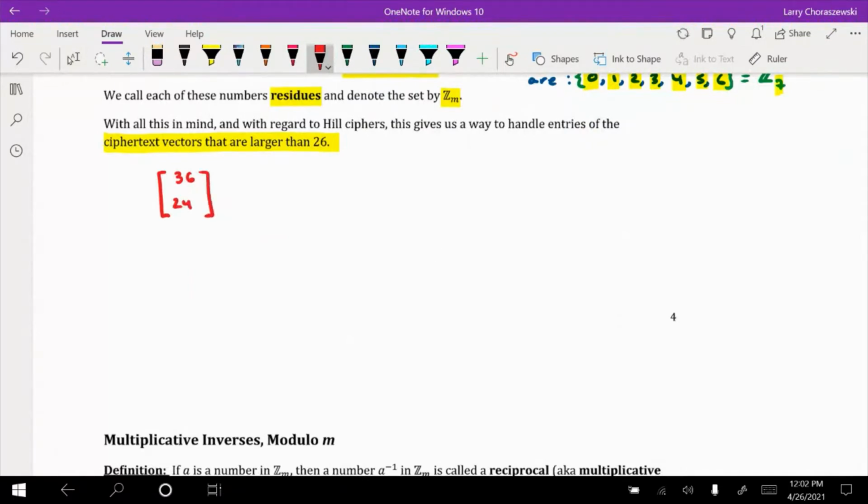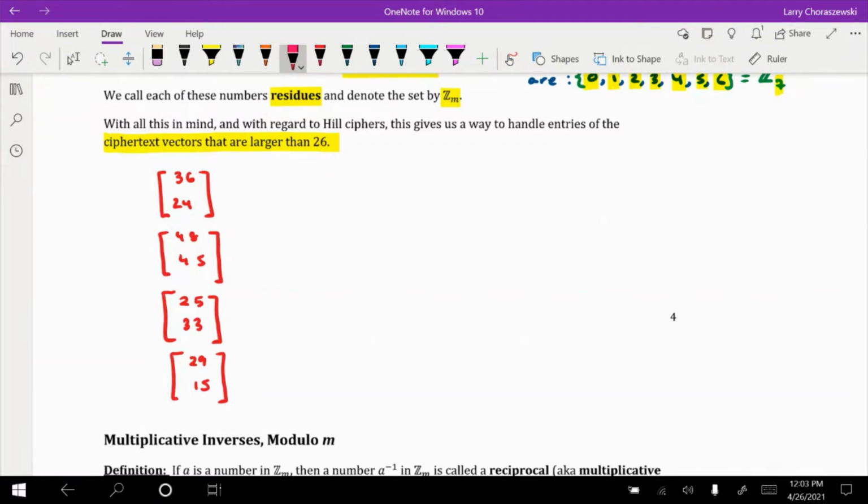That was a ciphertext vector that we had issues with. We also had issues with the vector for our original letters R and O. It was 48 and 45. Then we had an issue with the CK part, 25 and 33. And then we had an issue with our very last vector, which had the entries 29 and 15.